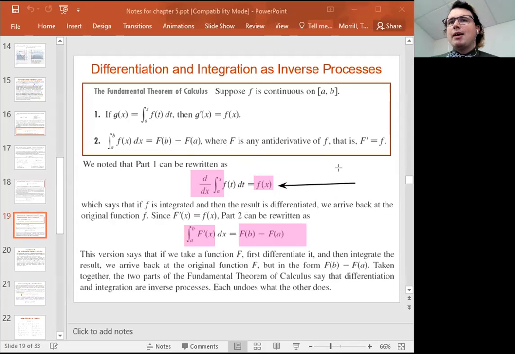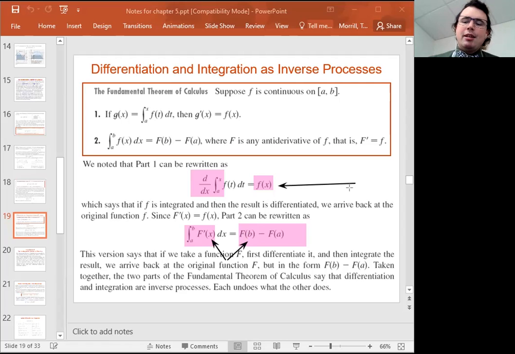If I go the other way, if I take a derivative first and then calculate a definite integral, like in part 2, this is giving me a specific number, because a definite integral tells me a number.